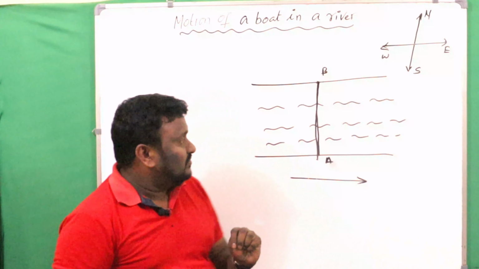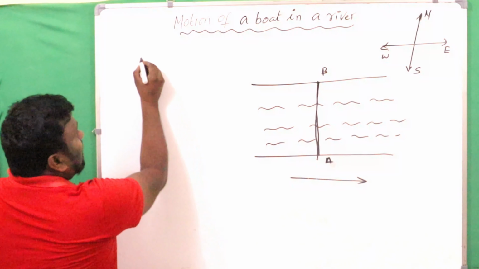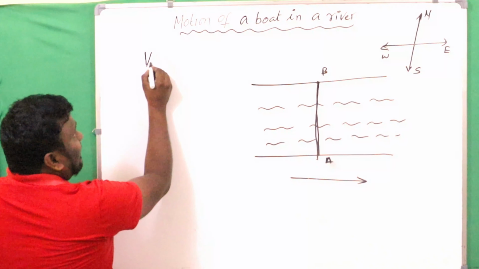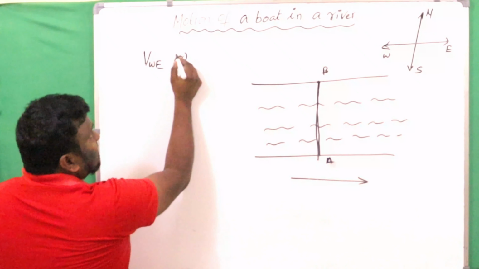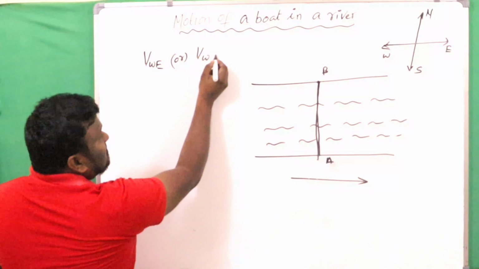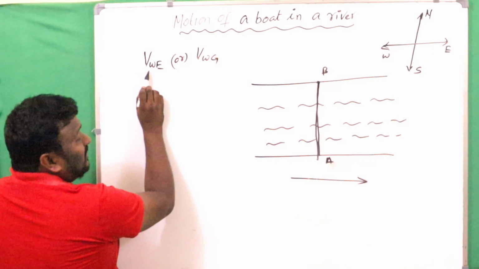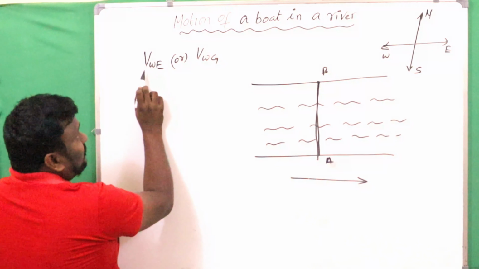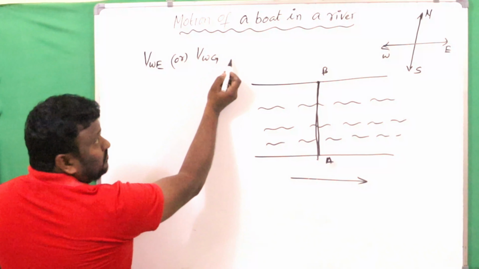Next, you have to remember some notations. Here I am going to write VWE, or it is also written as VWG. It means velocity of water with respect to earth, or velocity of water with respect to the ground.